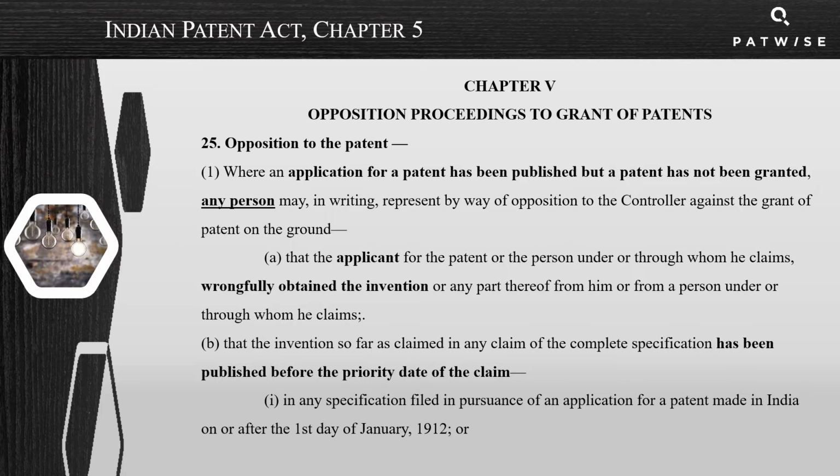Now, the Indian Patent Act has prescribed a lot of rules and a lot of timelines, as well as certain requirements, for any new invention, any inventive or non-obvious invention, to become a patentable subject matter and, having commercial applicability, to be granted a patent.